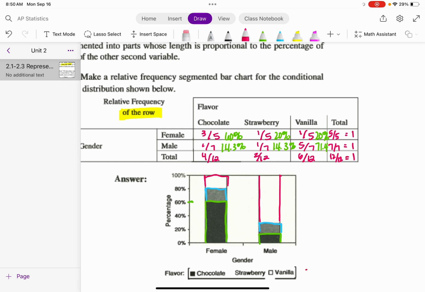I do have a key at the bottom that tells me chocolate, strawberry, vanilla, what those are supposed to look like. Your rows were male and female, so those are my categories at the bottom that we put the bars on top of. And then, of course, percentage is relative frequency.